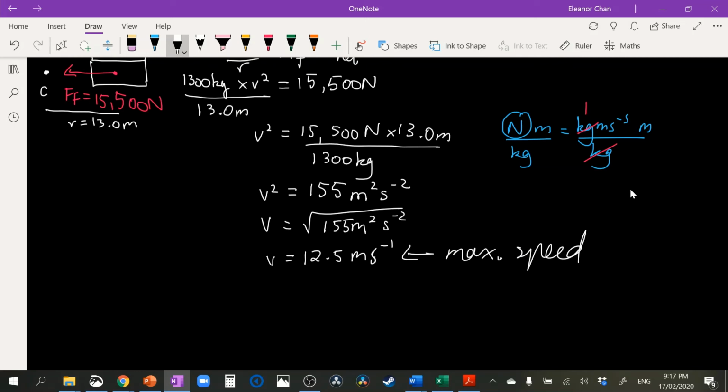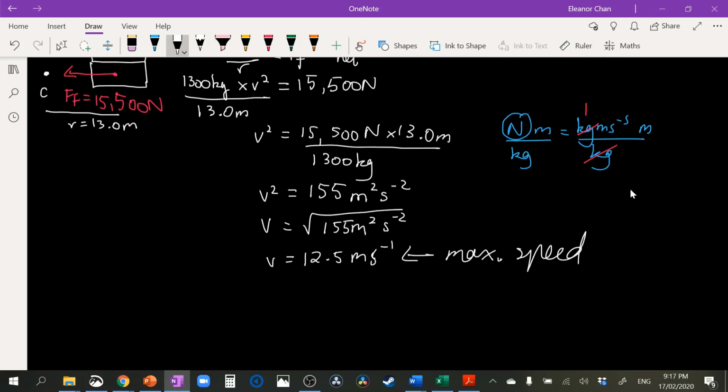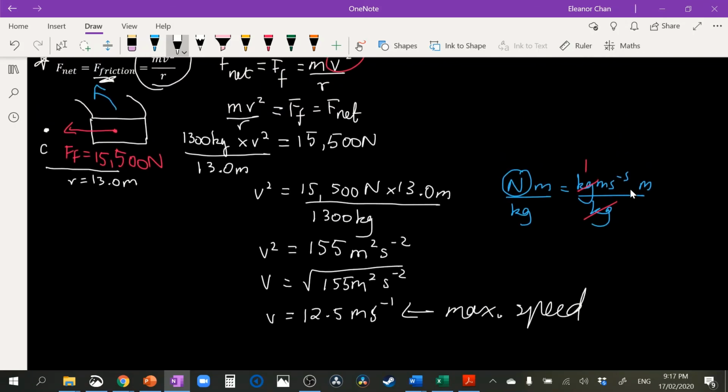So, if the car goes any faster than 12.5 meters per second, it will not be able to turn around the bend. Instead, it will shoot off, like on a tangent off the curve, and not be able to actually go around the bend because the force of the car entering the bend, so the driving force provided by the engine, will be more than the friction force.